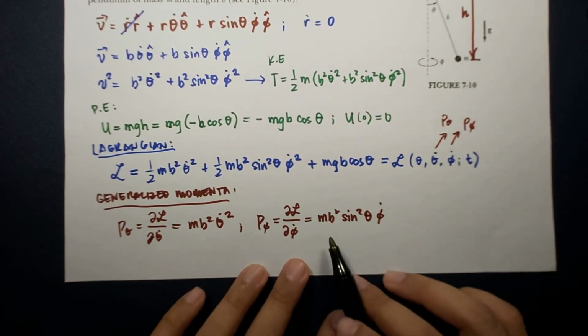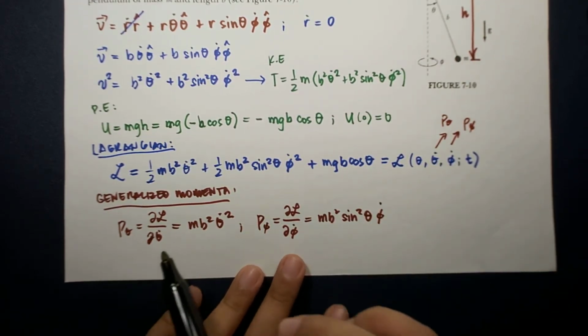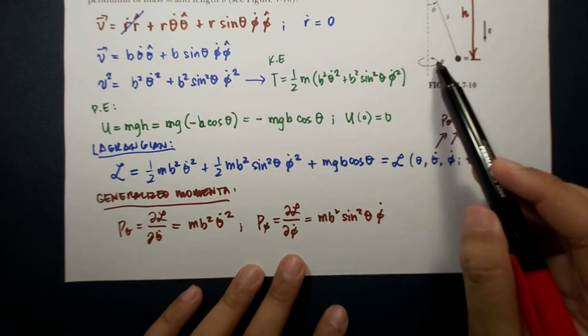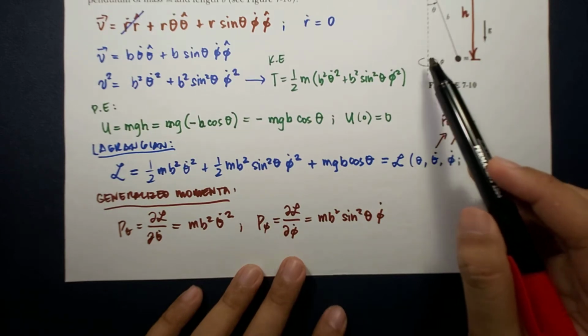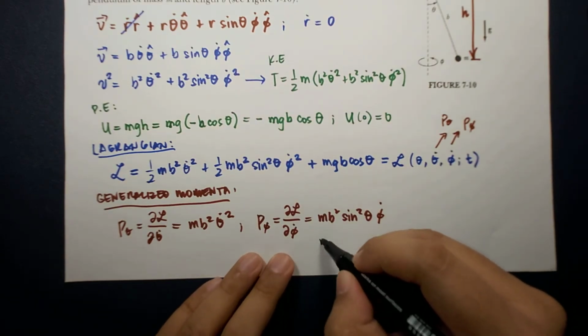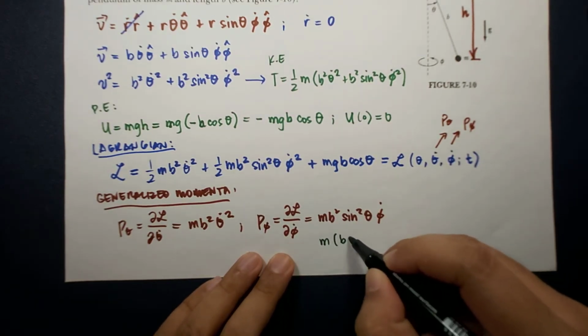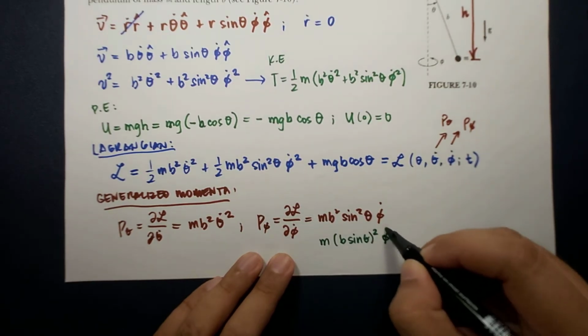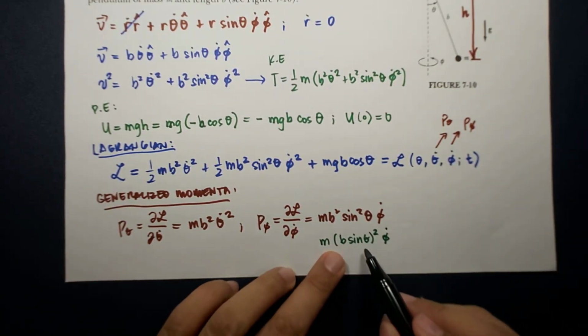Okay, so this is not your straightforward angular momentum, but because this is also an angular direction, or angular component, you will see here that we can rewrite this as m b sine theta squared phi dot. And what is this b sine theta?